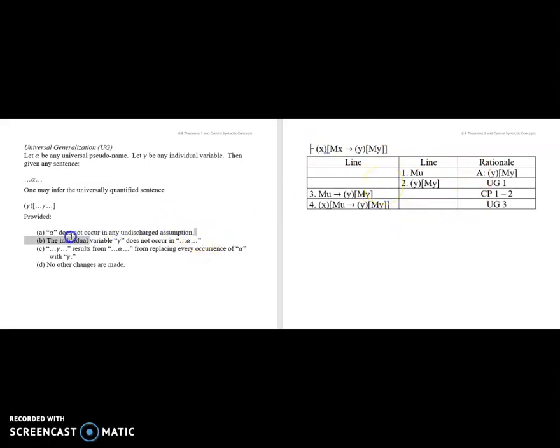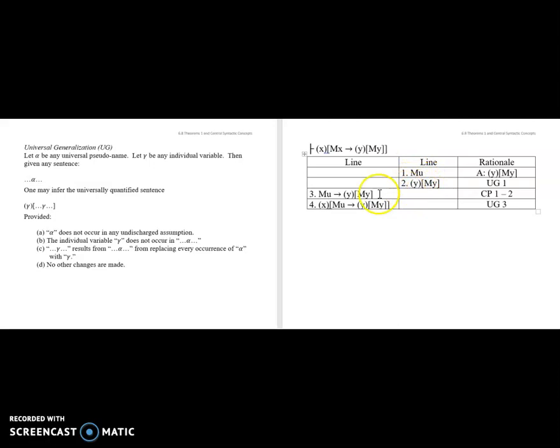And what is wrong with it is that the assumption alpha occurs in an undischarged assumption. So universal generalization says alpha is any pseudonym, and if it occurs in an undischarged assumption, you cannot tack on the universal quantifier. And look, here's an assumption. It is not discharged. This is an undischarged assumption.